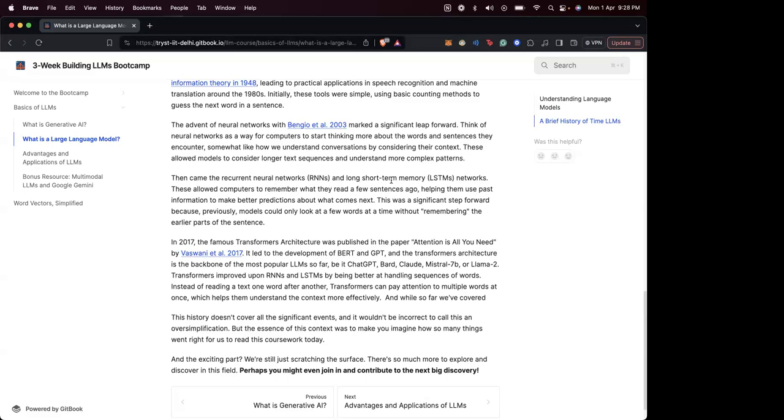Then 2017 saw a very famous paper. As you can probably predict, the more context you must store in order to generate the next word, the more computationally expensive this task could become, right?